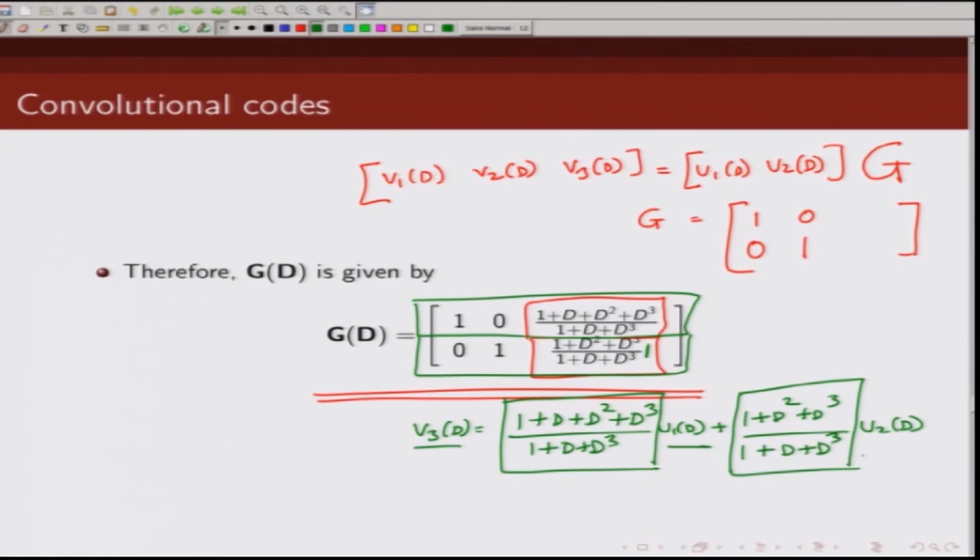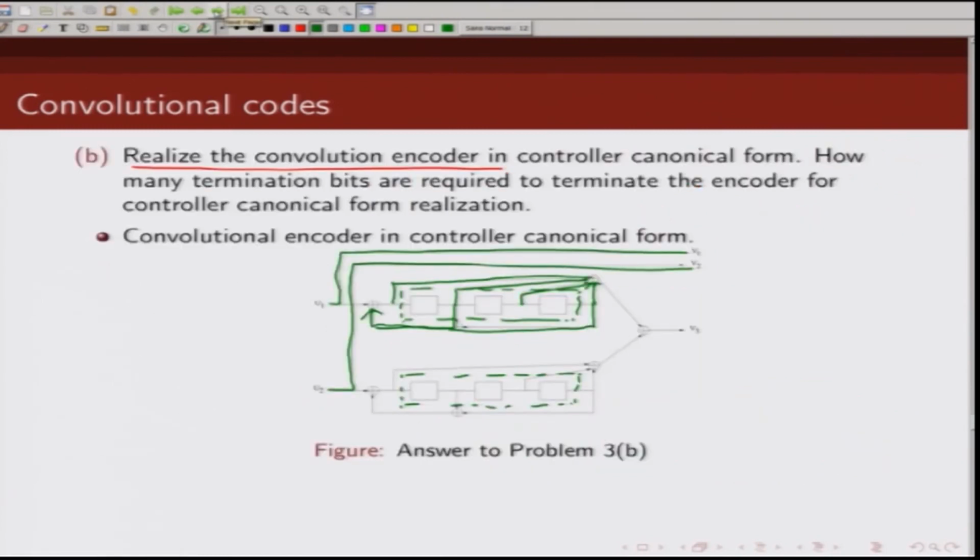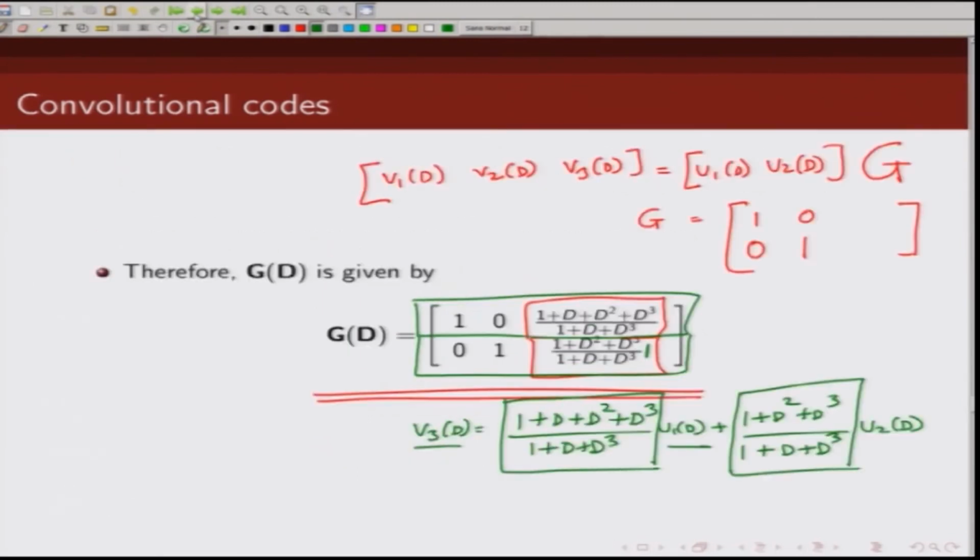The feed forward connections are 1, d square and d cube. So, then this is 1, this is d, no connection, d square is this, and d cube is this. Similarly, the feedback connections are 1, d and d cube.